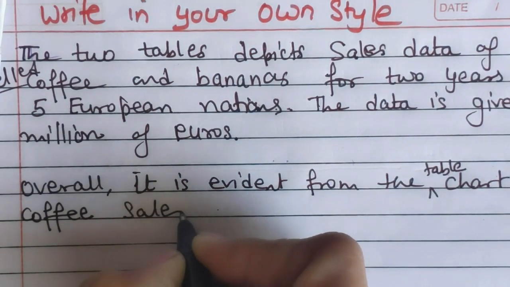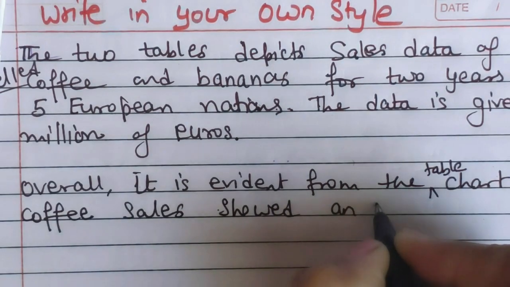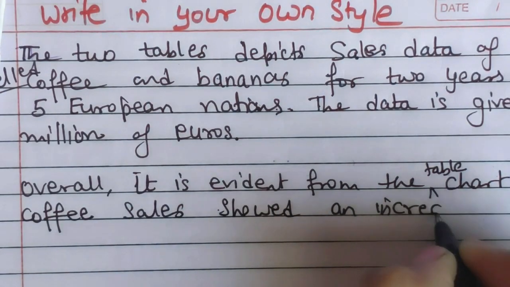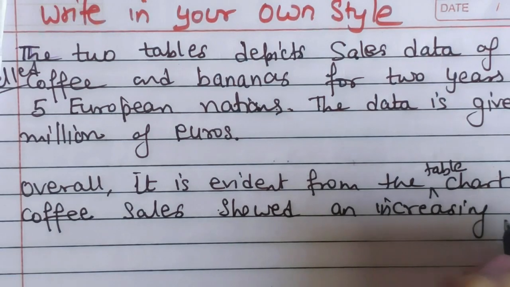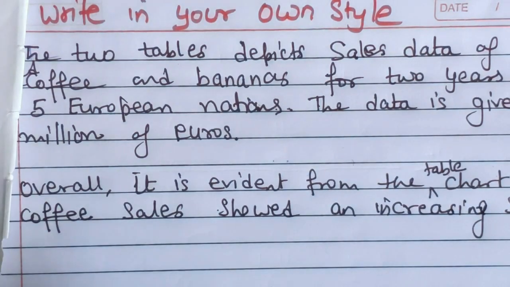first overall coffee sales showed an increasing trend. How about increasing sales trend?